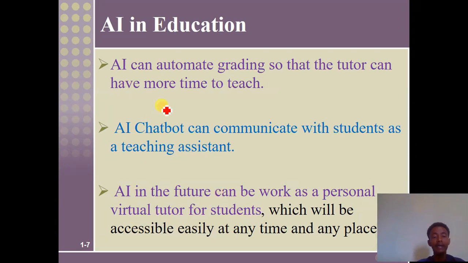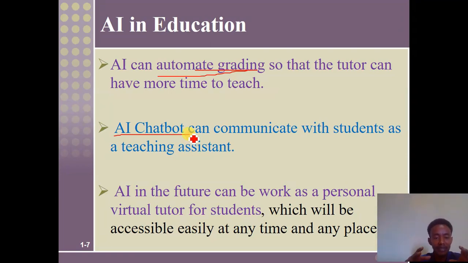Artificial intelligence can automate the grading system of students so that tutors can have more time to teach. For example, if you consider the chatbot, an artificial intelligence chatbot can communicate with students as a teaching assistant.